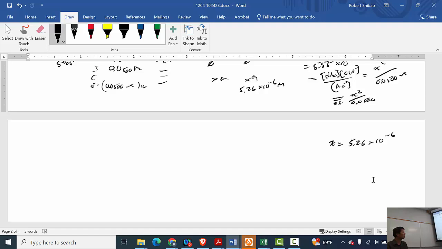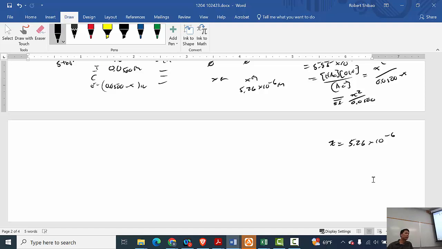I'm allowed how many sig figs? 2. I'm only allowed 2 sig figs, so that's all right. Should I worry about Kw, water contributing? Because this is kind of low concentration.